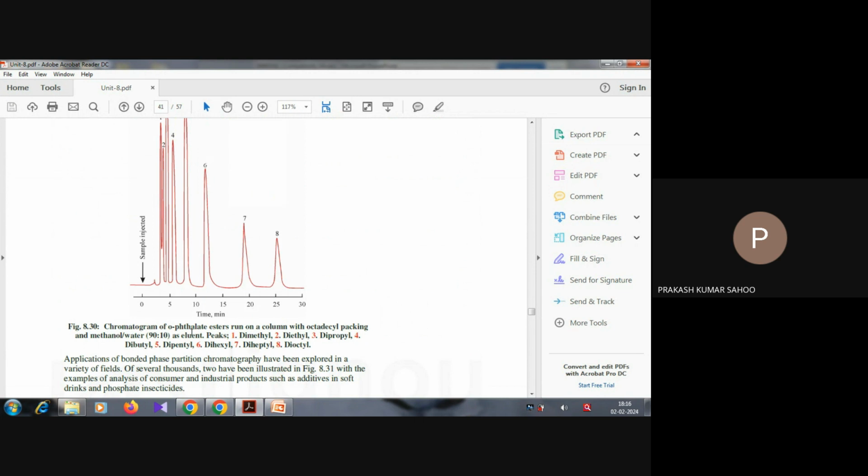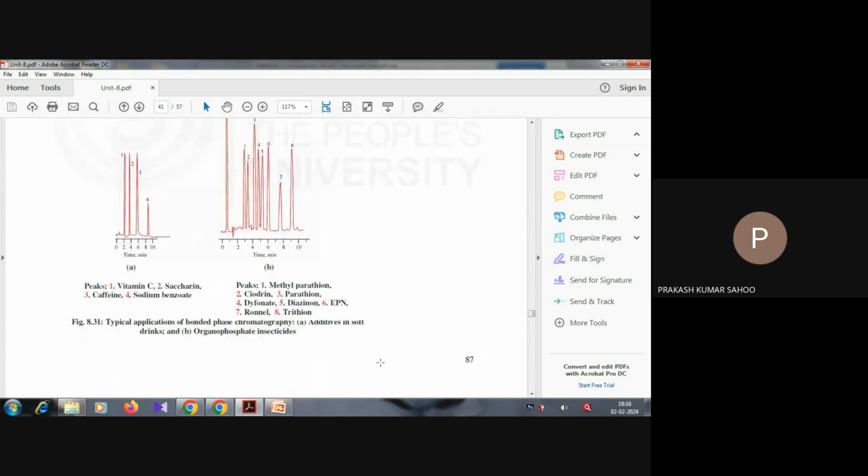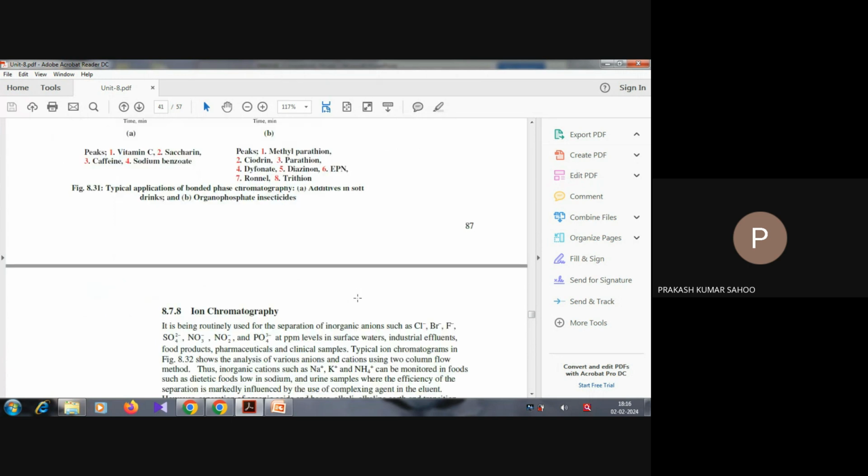Then we have vitamin C, saccharin, caffeine, sodium benzoate. Then we have methyl parathion, pseudoerythrin parathion. These are some pharmaceutical compounds or organophosphate insecticides.